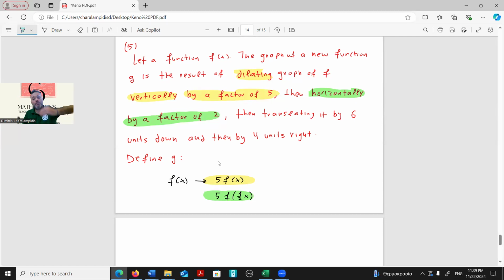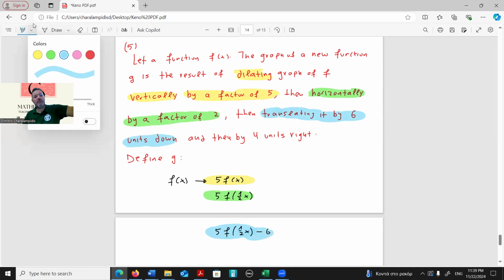Then this most updated form was translated by 6 units down. Translation down means take out vertically from the entire thing. So from the latest version, which was 5f of 1/2 x, take out 6. Let's color that. And finally, 4 units to the right.